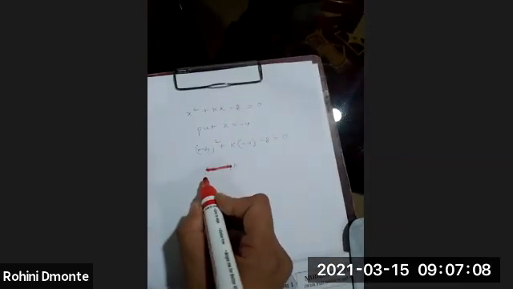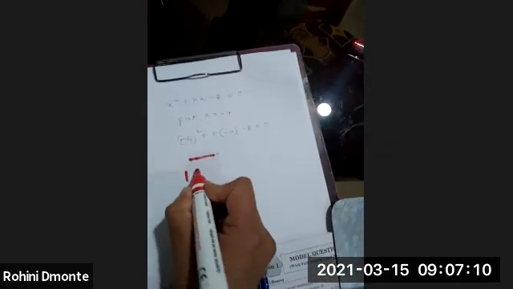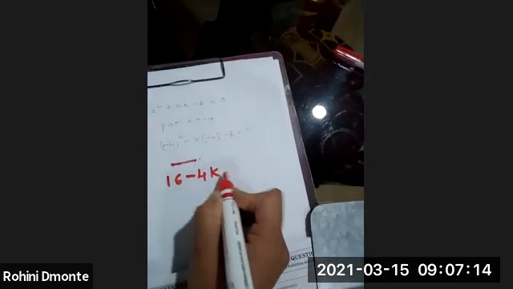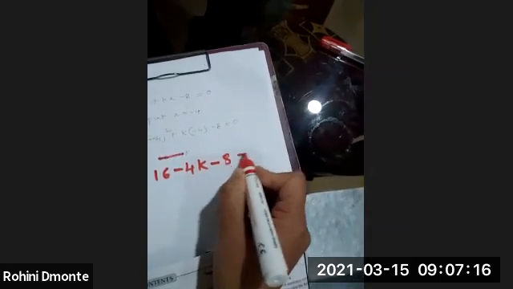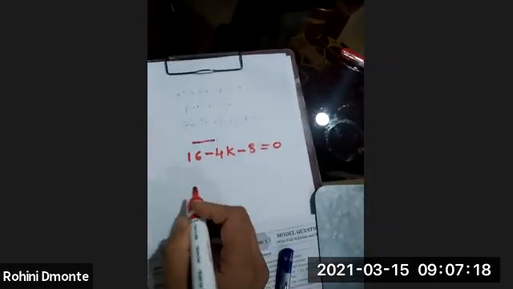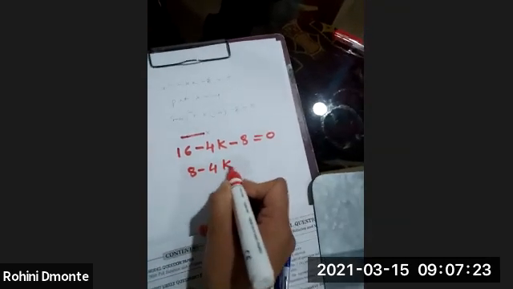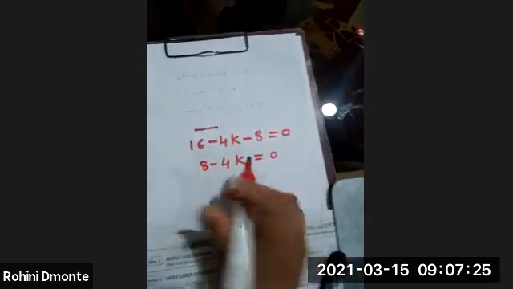Okay, students, now what we will do? We will take the square of 4, minus 4, as 16. Minus 4k minus 8 is equal to 0, right? So 16 minus 8, 8 minus 4k is equal to 0.